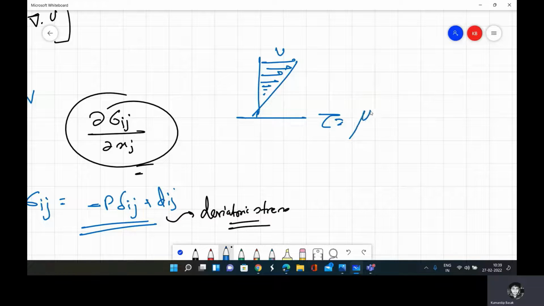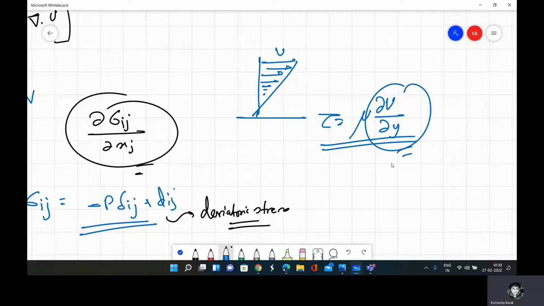Shear stress equals mu, some coefficient of viscosity we will come to, but here according to Newton's law of viscosity, du by dy, so that is related to the local velocity gradient, not divergence. It is related to the local velocity gradient, dou u by dou y.